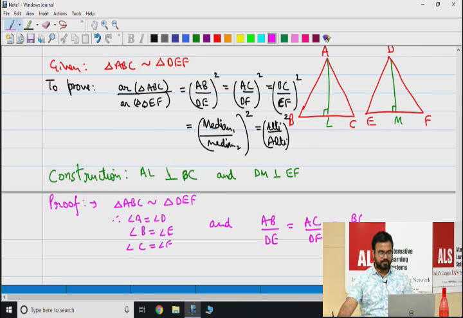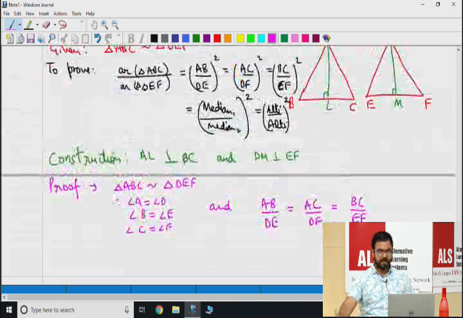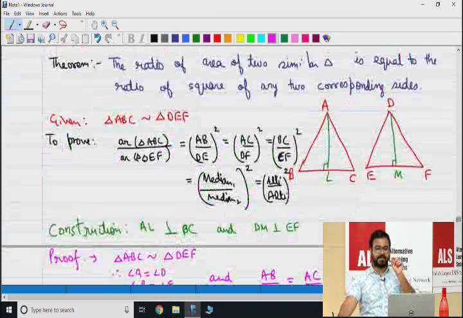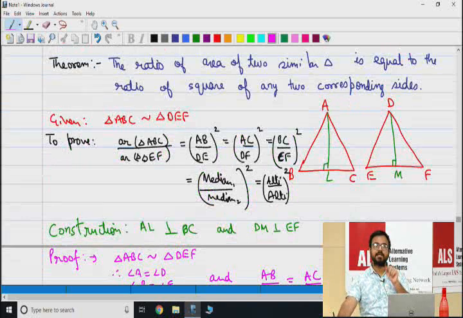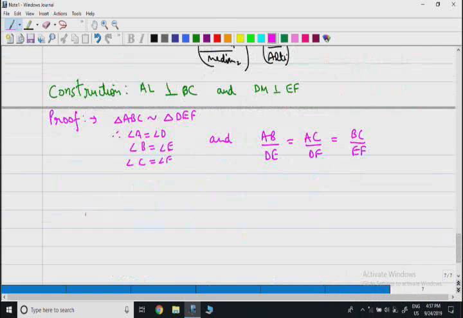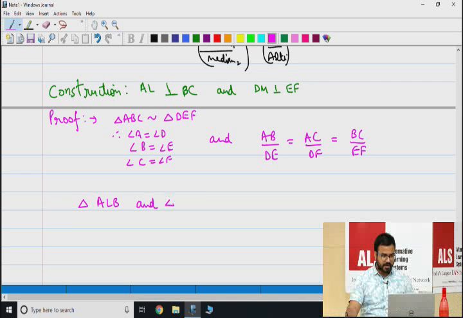Now what we can do, if we take these two smaller triangles, the left hand side of the triangle, like triangle ALB and triangle DME.